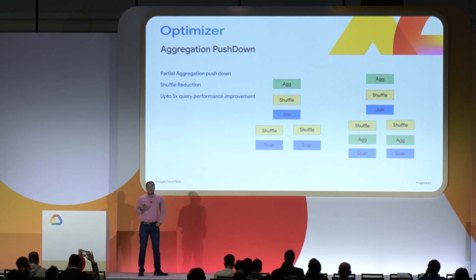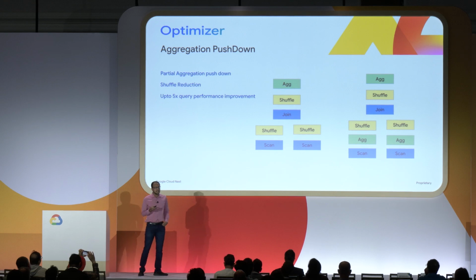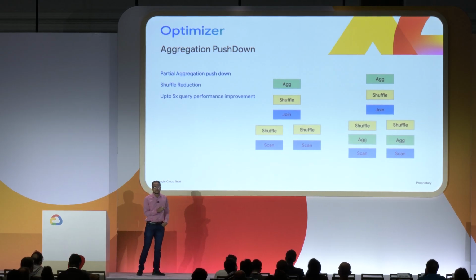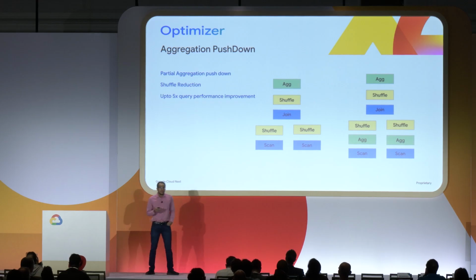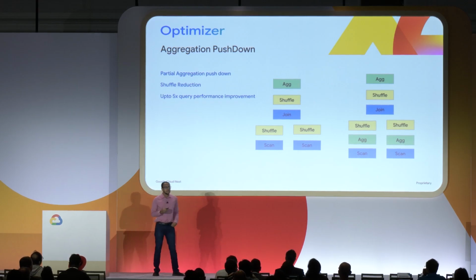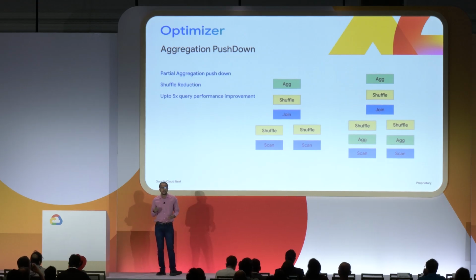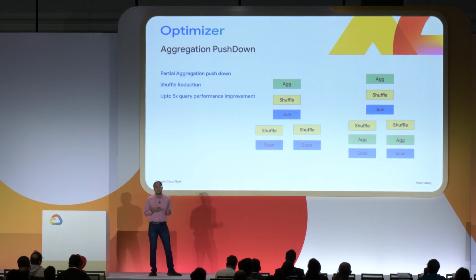We developed an optimization technique which leverages the statistics and tries to push down partial aggregation below the shuffle. What does it do? It reduces this shuffle drastically because you are doing aggregation before the shuffle. In real-world customer workloads, we have seen this technique reduce the shuffle by up to 10x and improve the query performance by 2x. So your workload just runs twice as fast when this optimization is triggered.